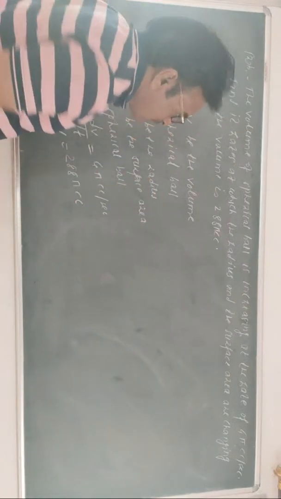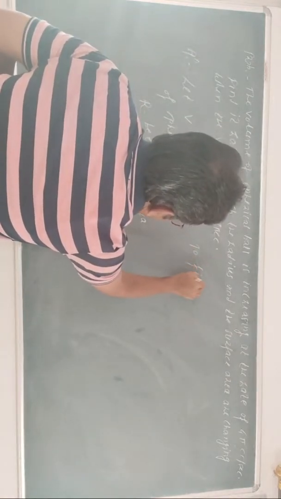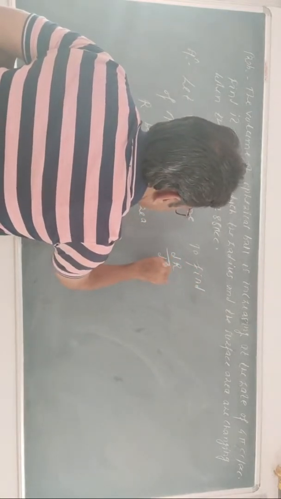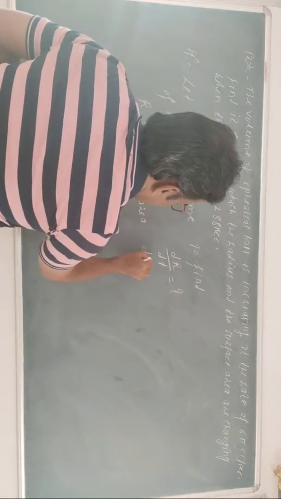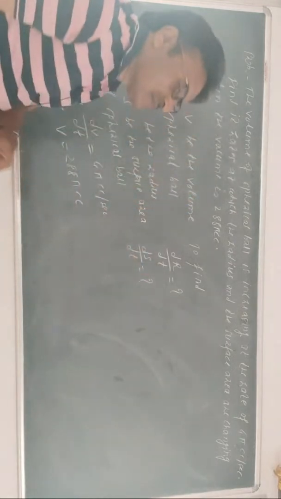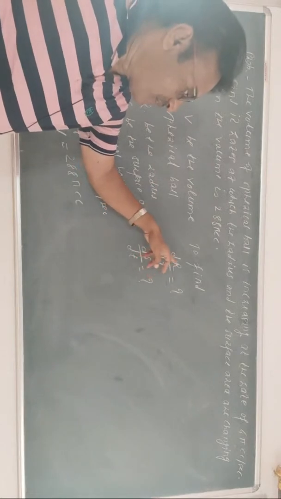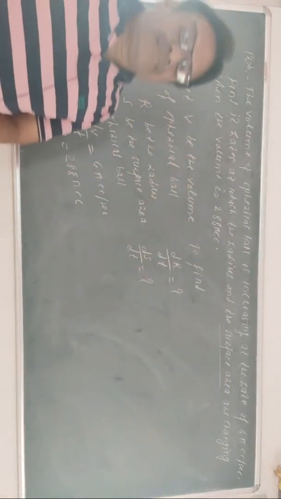So to find: dr by dt is equal to what? And ds by dt is equal to what?